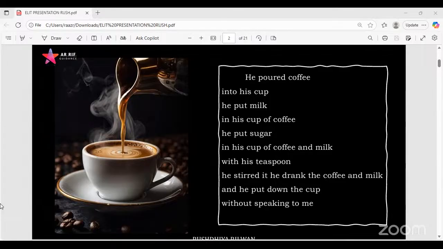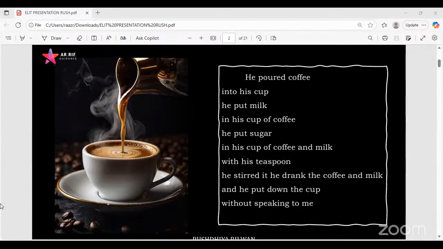Now let's talk about how the stanza makes us feel. Okay, guys, the first emotional reaction many readers have is a feeling of loneliness or distance. Nothing dramatic is happening, but the actions feel cold.